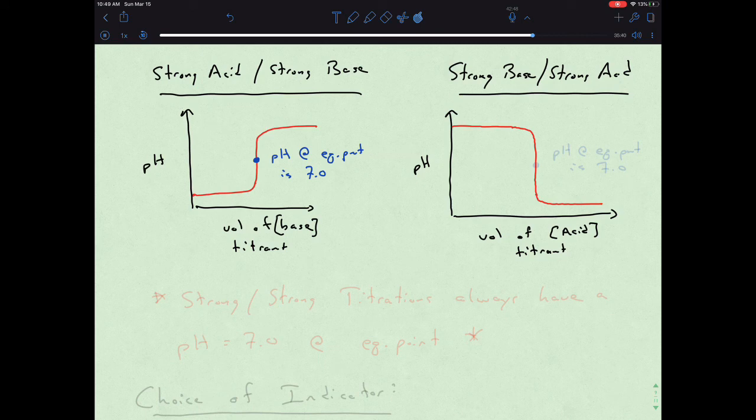But just like before, we're still going to have the pH at the equivalence point being 7.0. So whether it's strong base or strong acid, as far as the titrant, you're always going to get 7 when you're talking about a strong titration.